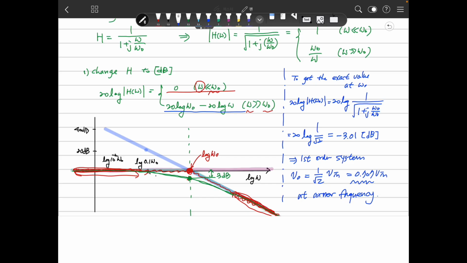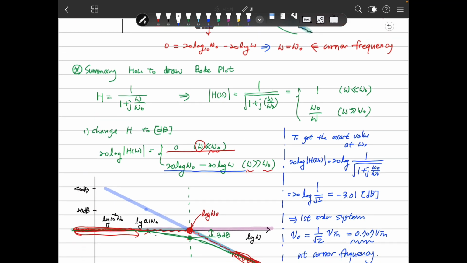Minus 3 dB is a very important value and is very frequently used. Minus 3 dB means the magnitude is reduced to about 0.707. Then the power is the square, so 0.707 squared is 0.5, half. So the corner frequency is the half-power frequency in the case of a first-order system.